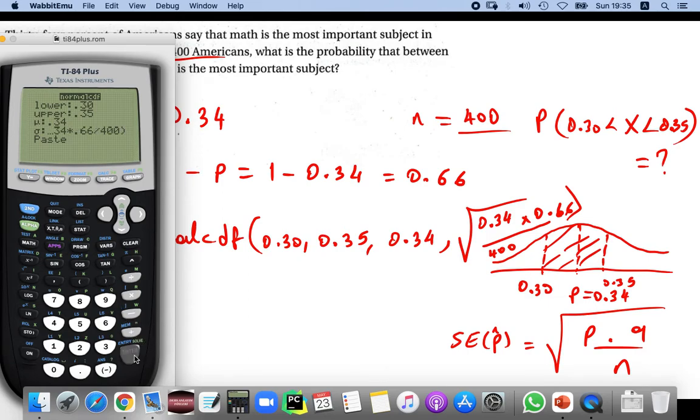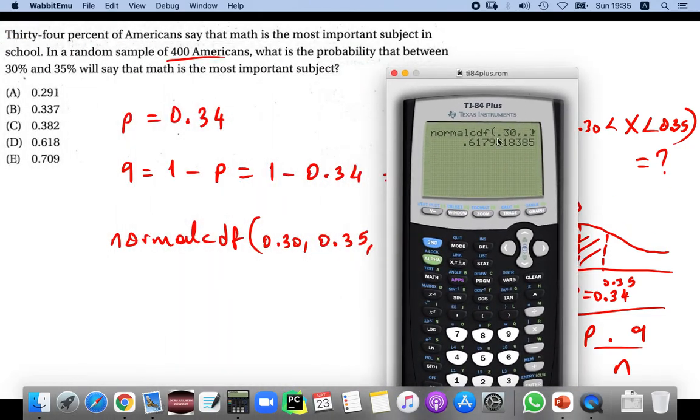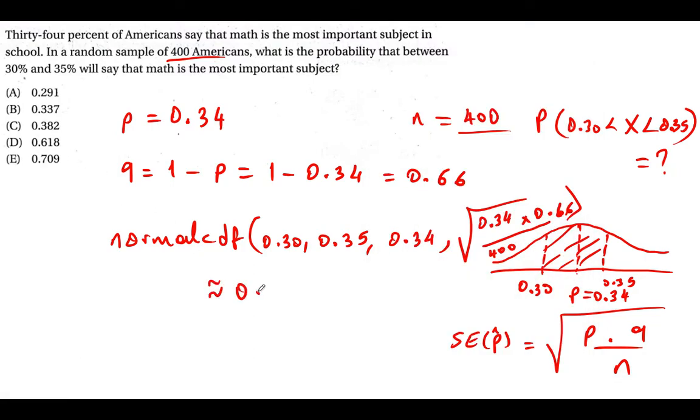So when I press enter, the result comes out 0.6179. So if I round it, 0.618, which is the answer, will be part D, 0.6179. So this will be my result.